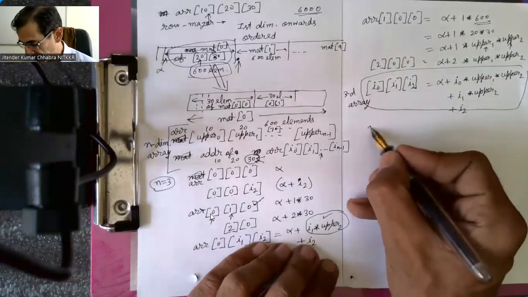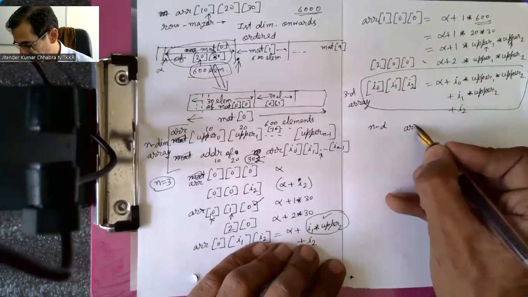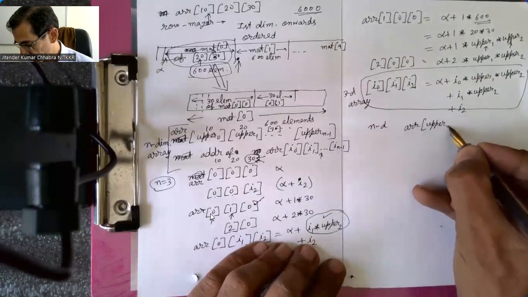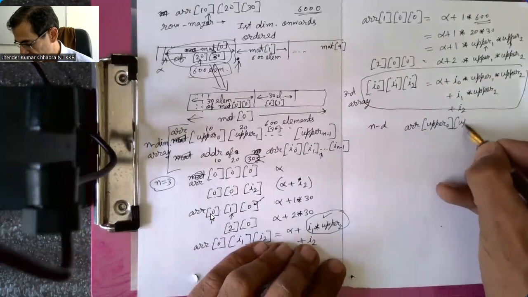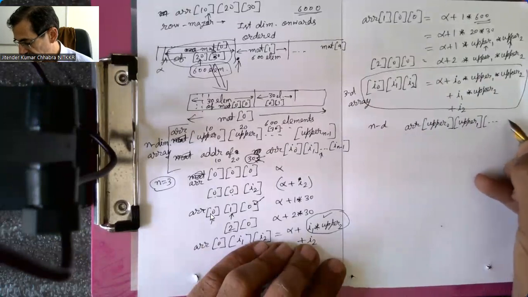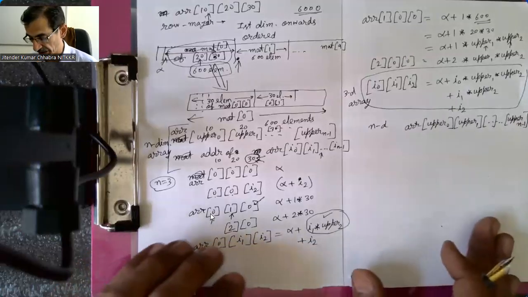What about the ND array? So for an ND array, I have ARR with sizes upper 0, upper 1, and so up to upper n minus 1. Upper means the total size I am declaring. This is the size which I have already declared.